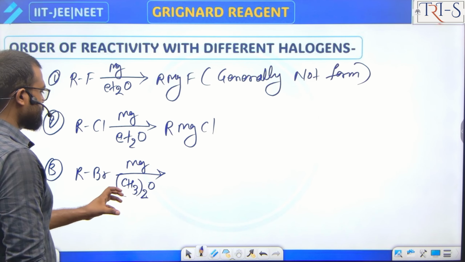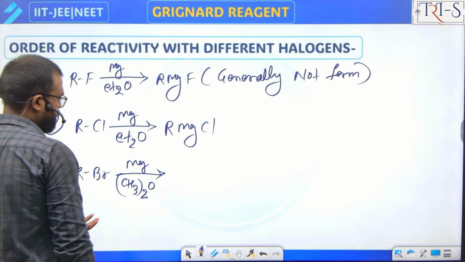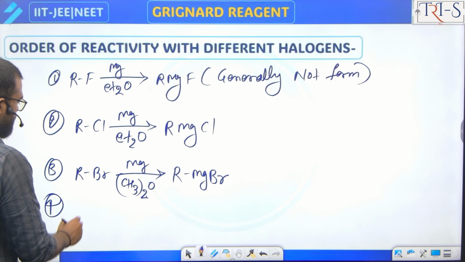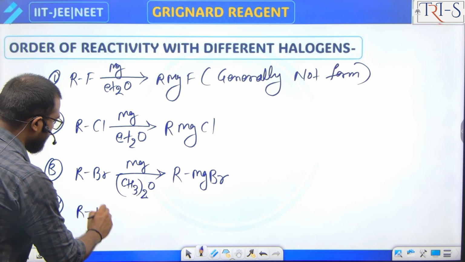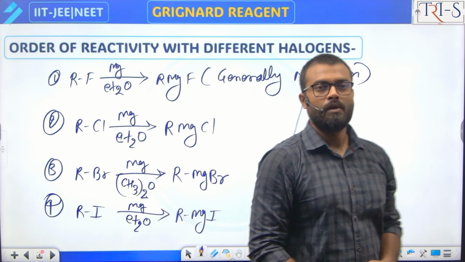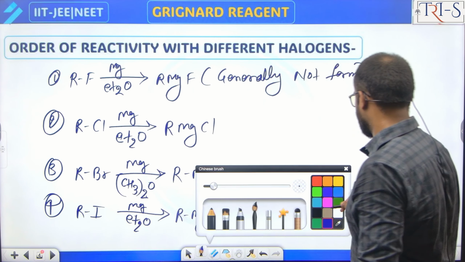Any dry ether should be there, which is why the reaction between RBr and Mg, we can prepare RMgBr, alkyl magnesium bromide. And if we talk about alkyl iodide, on reaction with Mg and dry ether it will give RMgI.